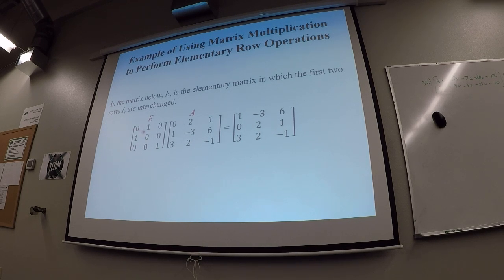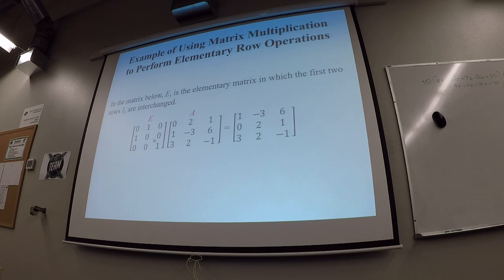If I were to start with the identity matrix and have a 2 here, which would mean what? I multiplied row 1 by 2. I would find that this would be 0, 4, 2 when I multiplied it by the elementary matrix.